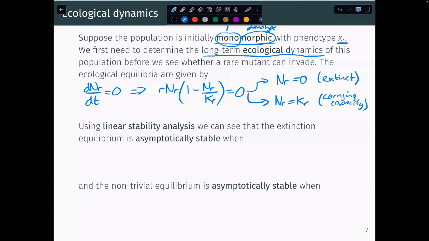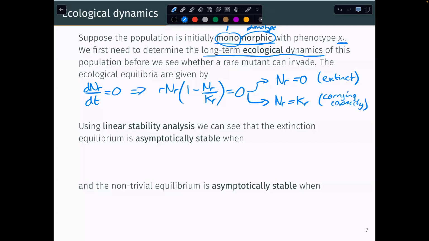Can everyone remember how to solve systems of ODEs, or at least one ODE, to find equilibria, steady states? We set our differential equation equal to 0 and then solve that, making sure we account for all possible scenarios. The nice thing here is that because we're assuming this is monomorphic, and in this case it's only one equation, it's relatively straightforward to solve.